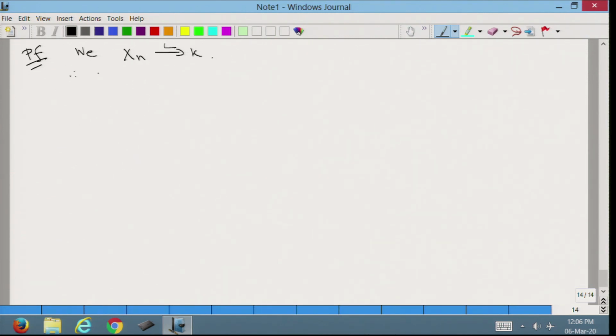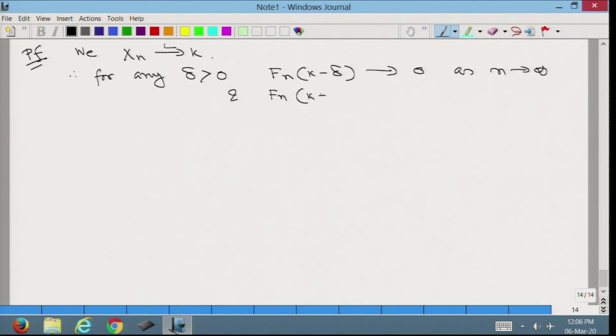Therefore, for any delta greater than 0, f n k minus delta goes to 0 as n goes to infinity, and f n k plus delta goes to 1 as n goes to infinity.